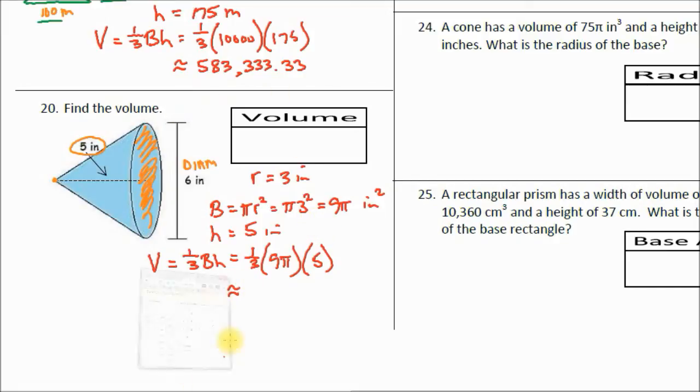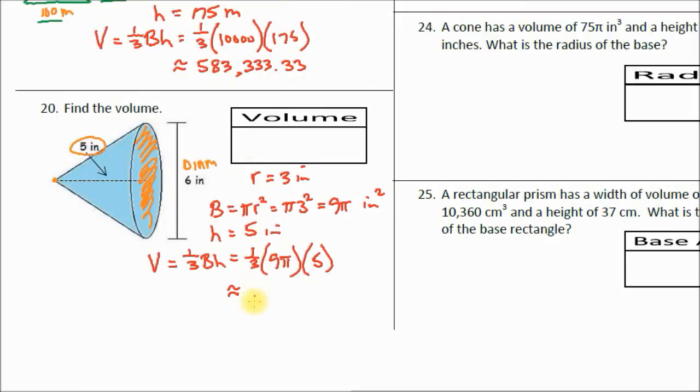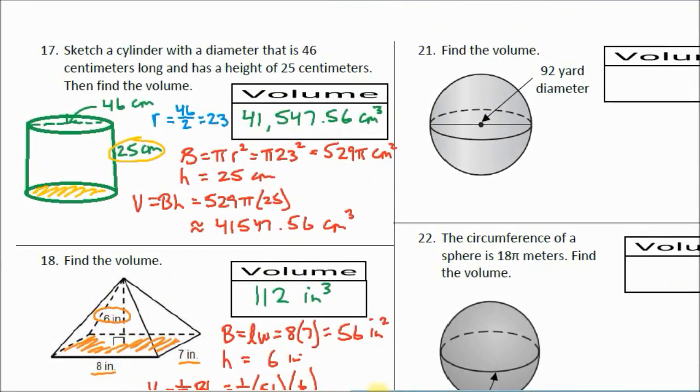Let's go ahead and plug this in to our calculator. We've got 1 divided by 3 for our 1/3 in parentheses times 9 pi times 5 equals 47.123. The 3 does not round the 2 up, so we just drop it. 47.12 inches cubed. All right, let's go to number 21.